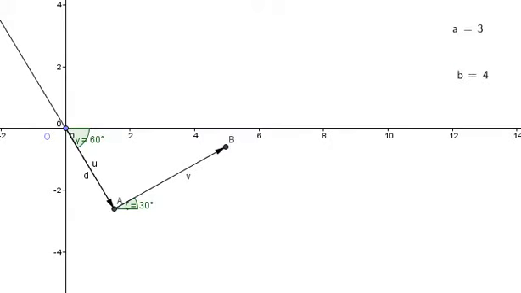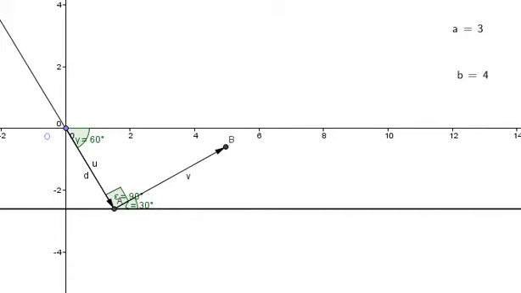So here is the diagram. First of all, notice that angle epsilon here is 90 degrees. And why is it so? Here let's draw the line that is parallel to the x-axis, and let's notice that the angle DAO is supplementary to the angle gamma equals 60 degrees.